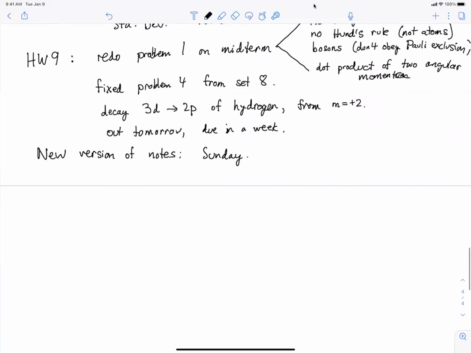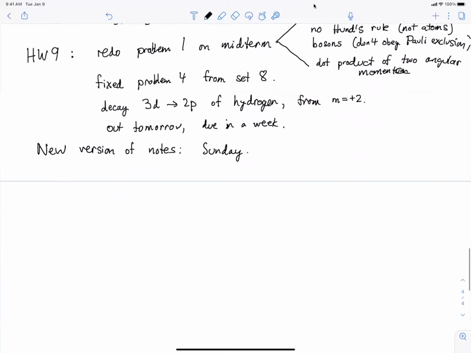Okay, and so let's go back to the dot product of angular momenta thing. For any two angular momenta, it does not matter if they are both spins, or one of them's a spin and one's an orbital angular momentum, or they're both orbital angular momenta. Let's just call them J1 and J2.